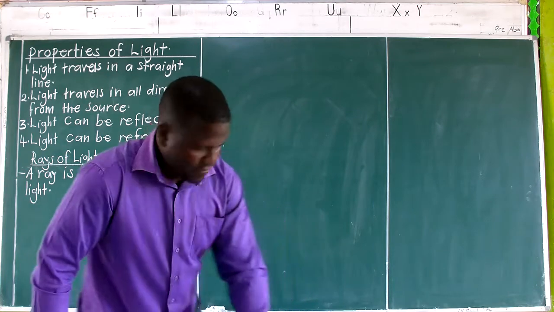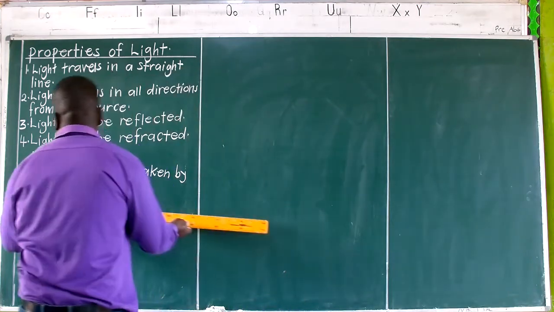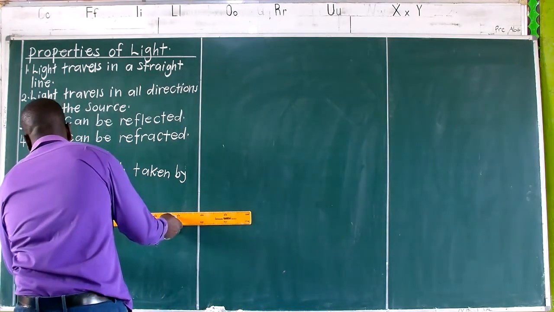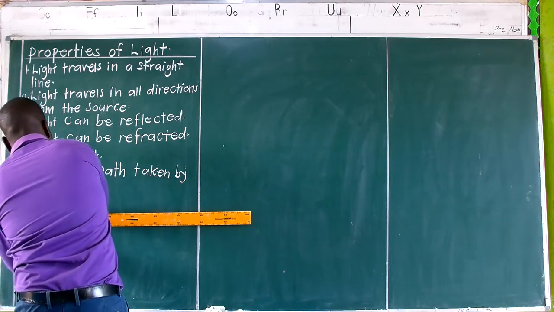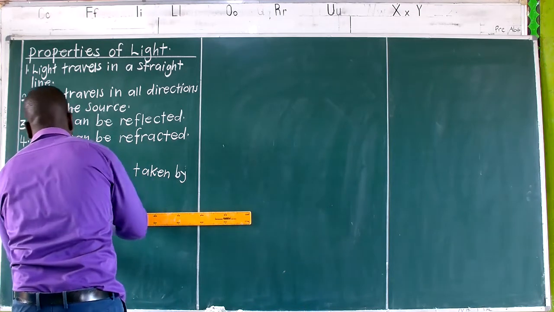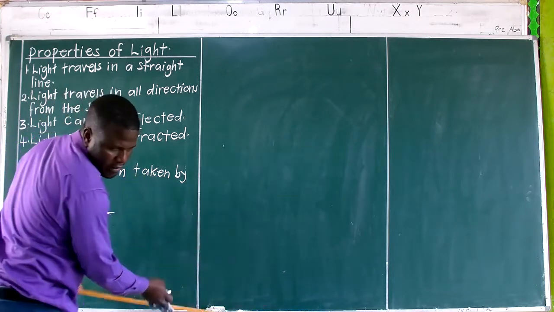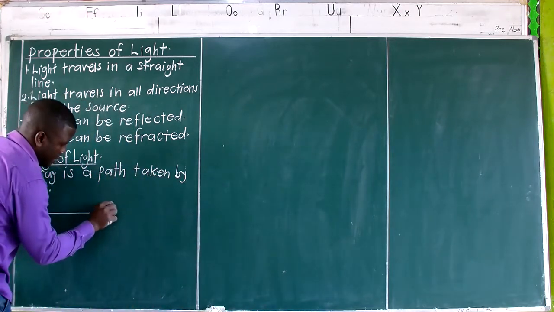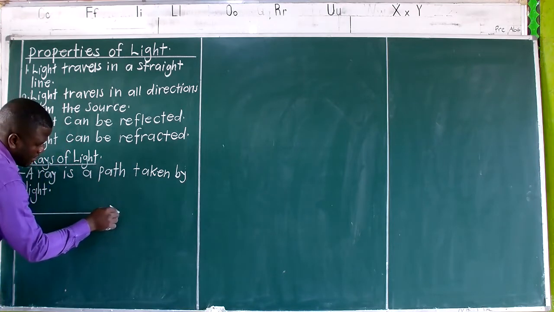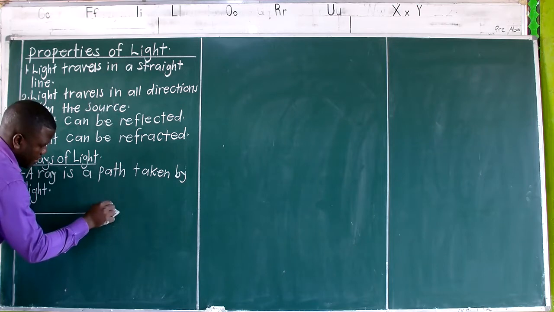Then we have a diagram showing a ray of light. A ray of light is a path taken by light. So this diagram shows a ray of light.